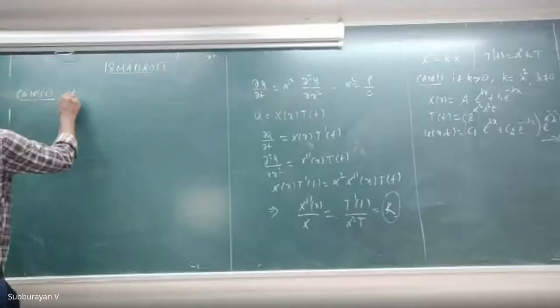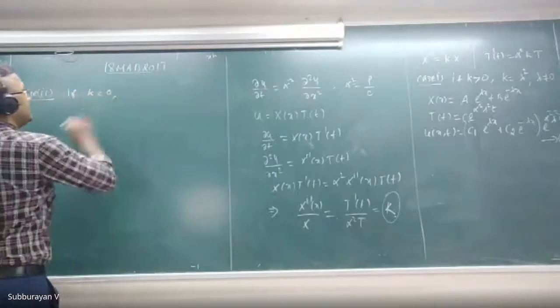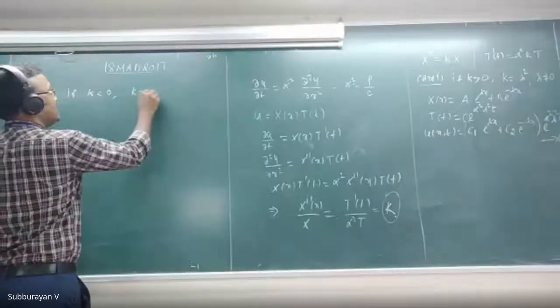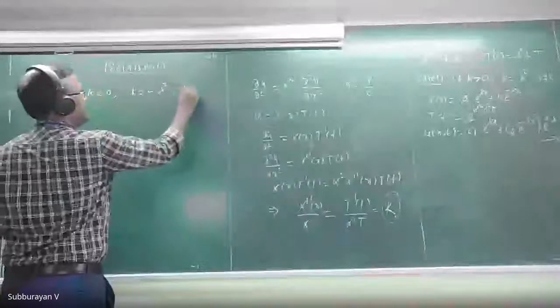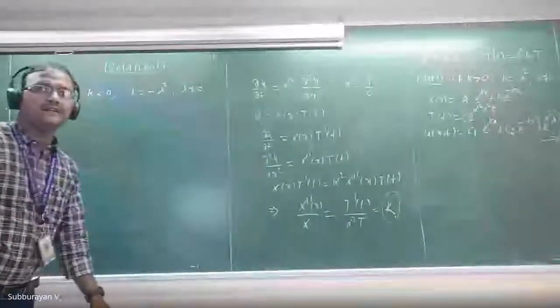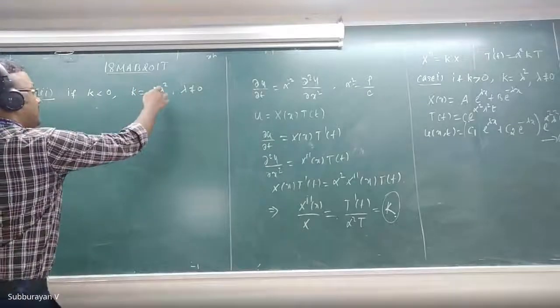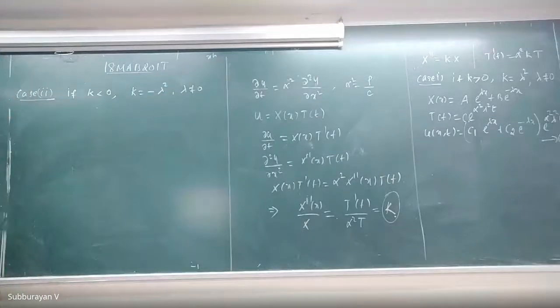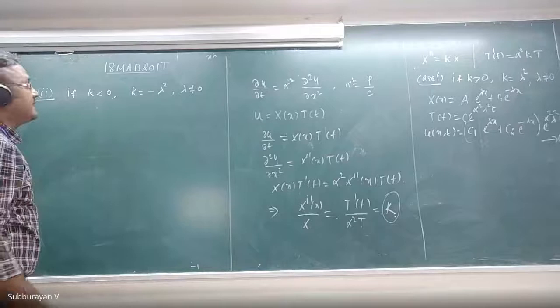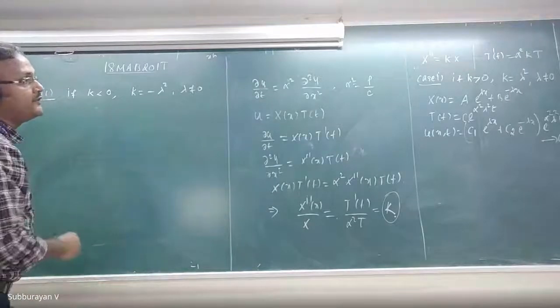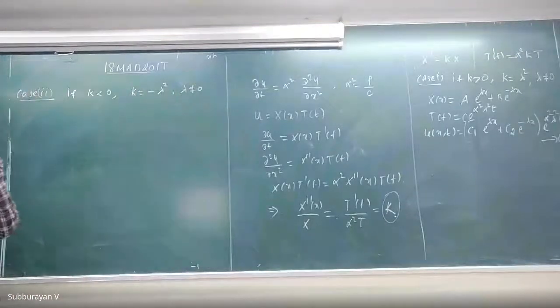Okay, now if k is less than 0, then one can write k equal to some minus lambda squared, where lambda is not equal to 0. Okay, if lambda is not equal to 0, then minus lambda squared is always negative. So therefore k is negative. Fine. If it is the case, then what will you get?